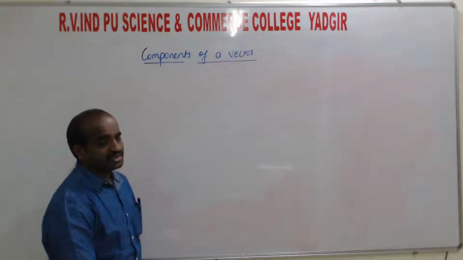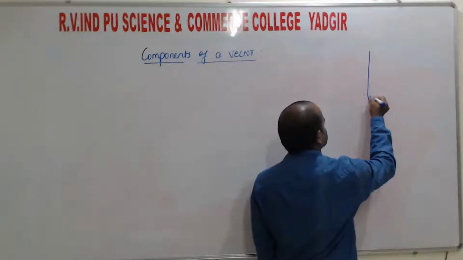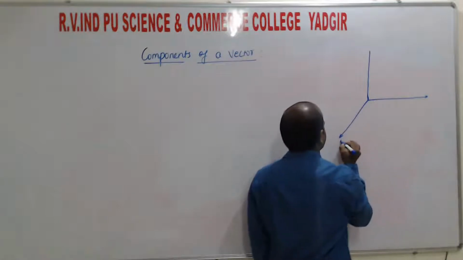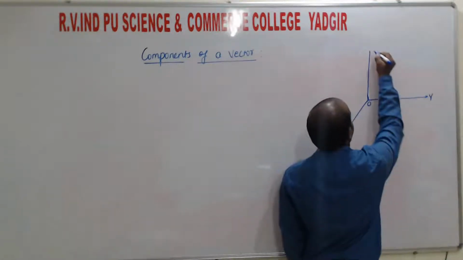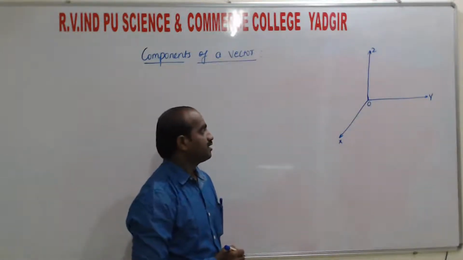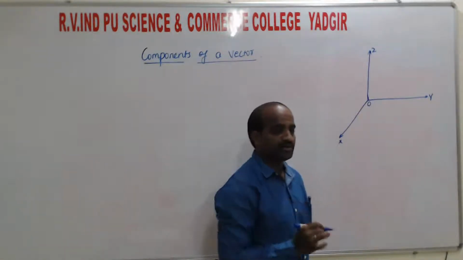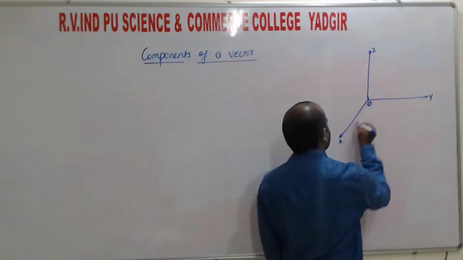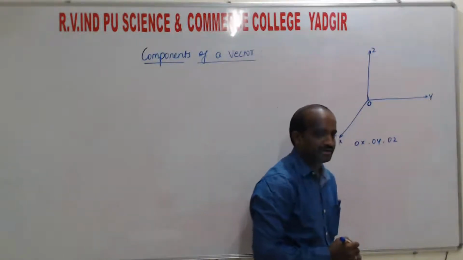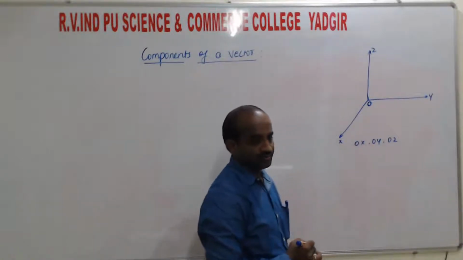First we have to consider a three-dimensional space. Let OX, OY, OZ be three mutually perpendicular lines meeting at the point O.